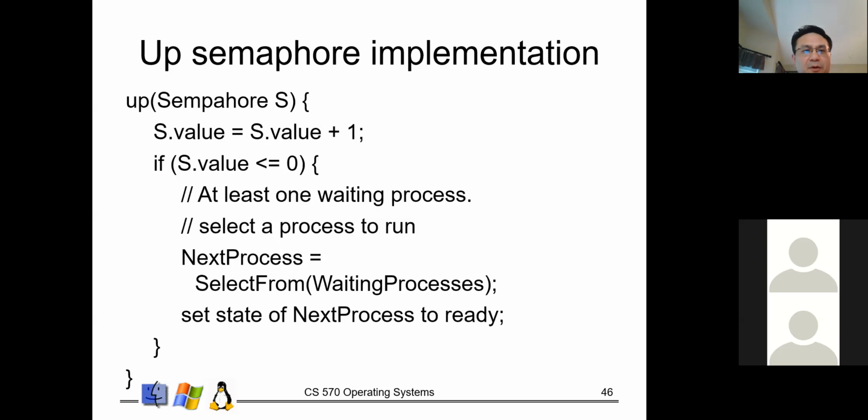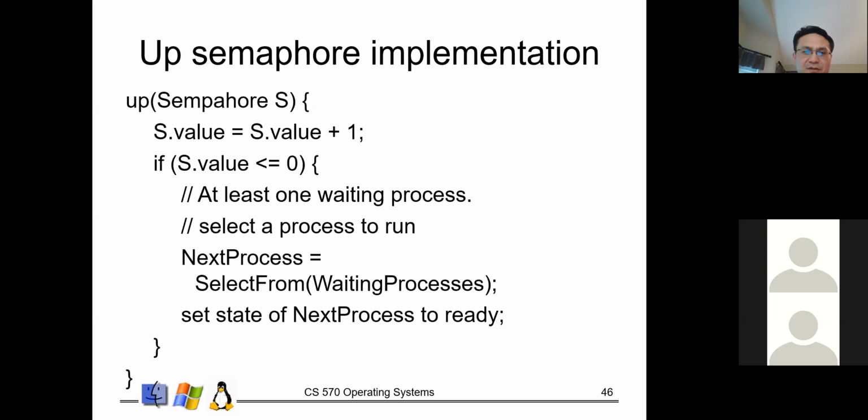And this is the up or signal operation. First, it would increment the semaphore, and if after incrementing, the semaphore value is still less than or equal to 0, that means what? That means you actually have something waiting on the queue, right? This part is a little confusing, actually. I want you guys to understand this.